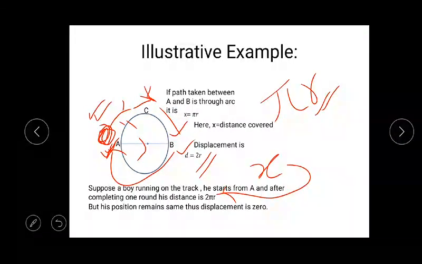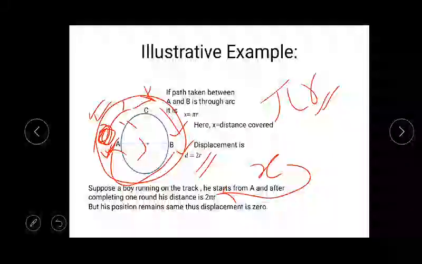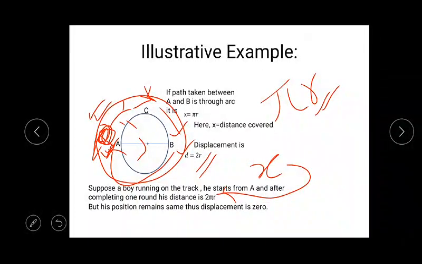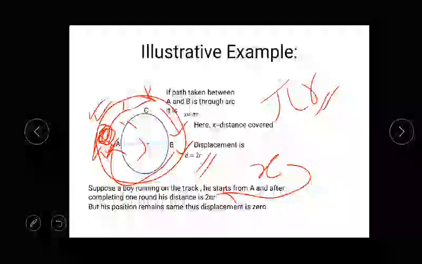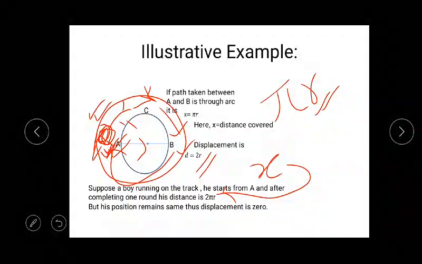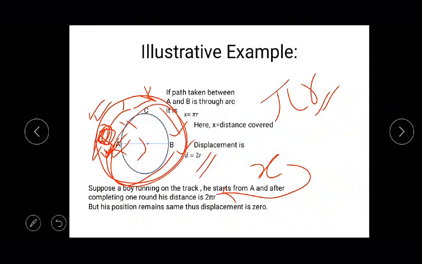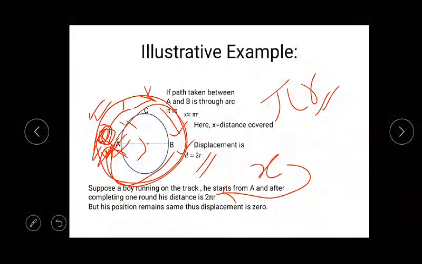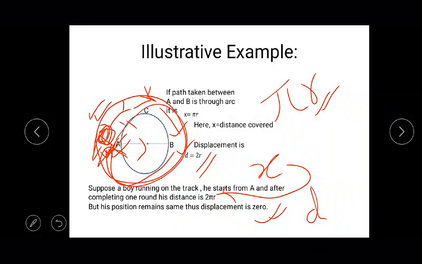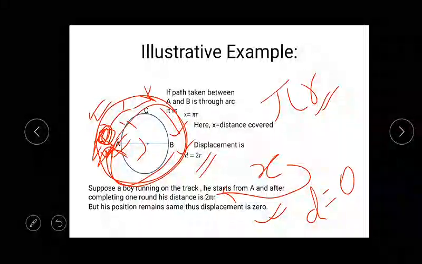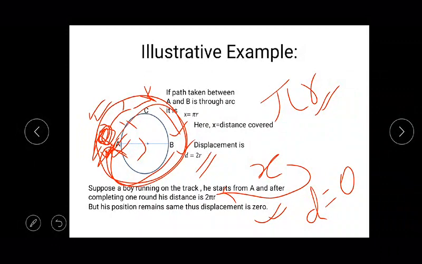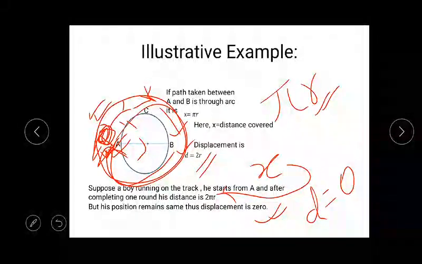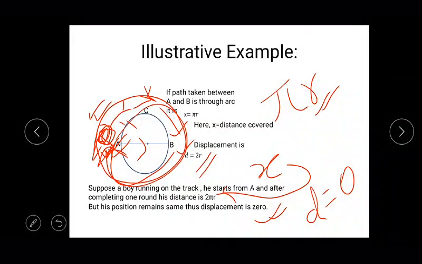Total distance covered by the boy while going round the circle is 2 pi r. But as the initial position A and the final position A are the same, the displacement is 0. Displacement is equal to 0 here, but distance is 2 pi r.